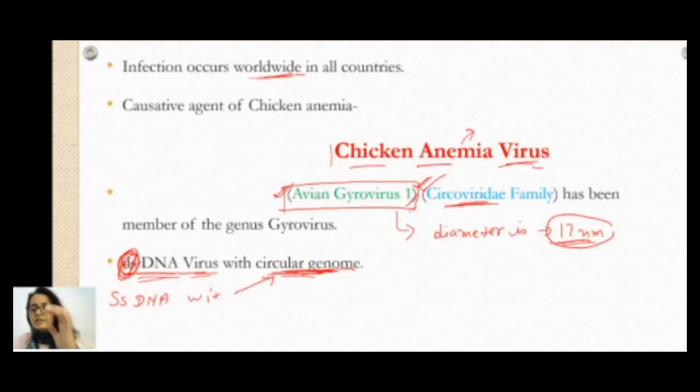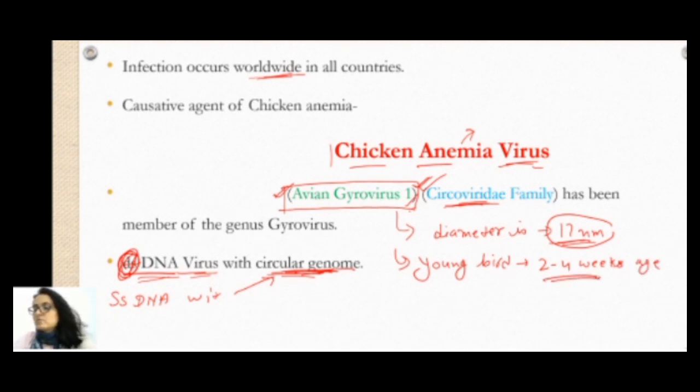The chicken anemia virus mostly infects young birds, in the 2 to 4 week age group. And the virus is transmitted through both vertical and horizontal routes.